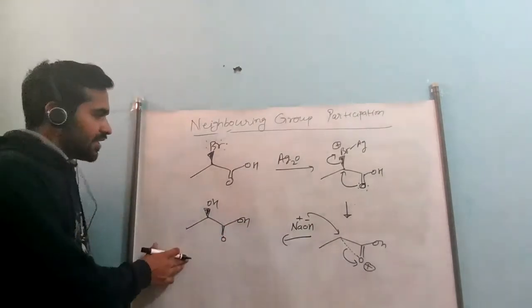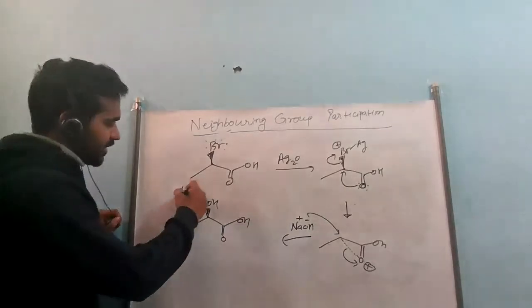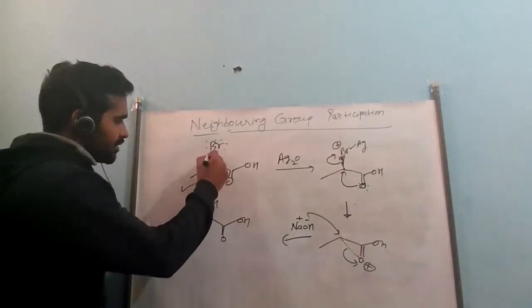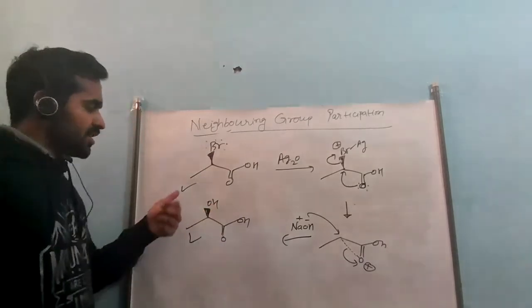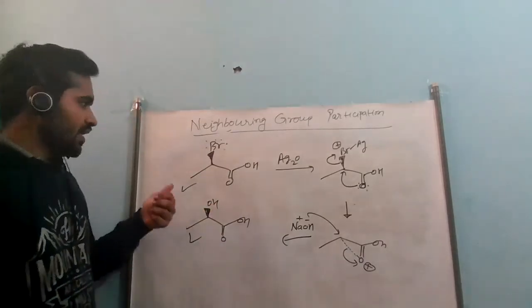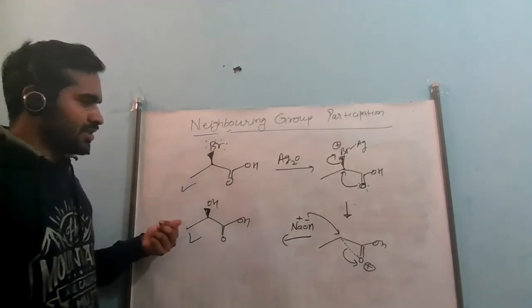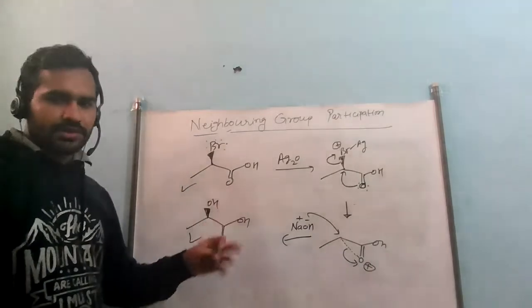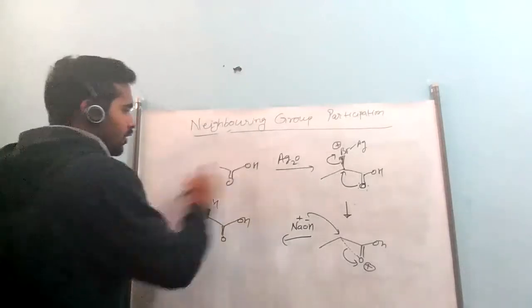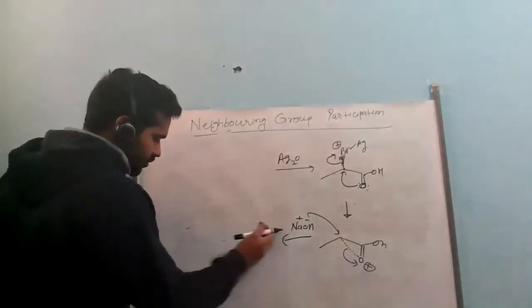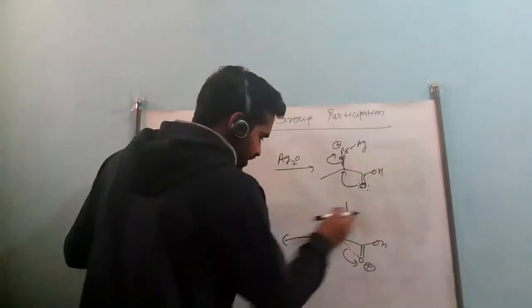So here we can see that in the reactant and product, the stereochemistry is above the plane, and this is also above the plane. So there is no change in stereochemistry. So we can say that in neighboring group participation, there is no loss or change in stereochemistry.